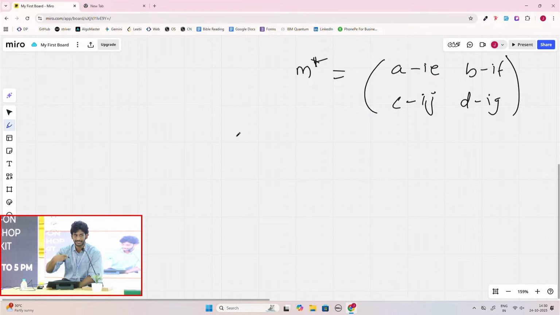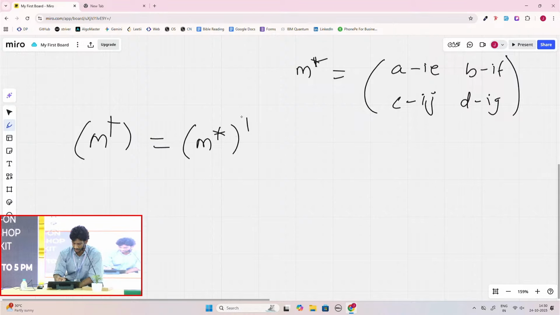So what is a dagger? Very simple. Dagger is like a cross symbol. M dagger can be defined as complex conjugate transpose. So if I say M dagger, what will I do?